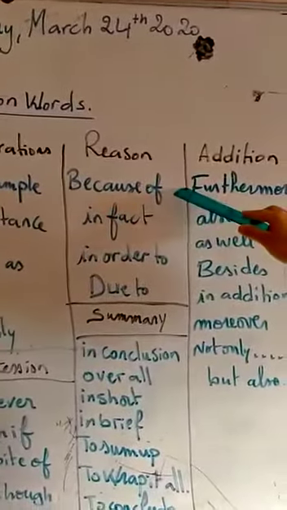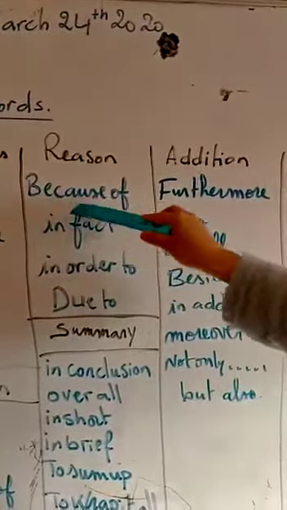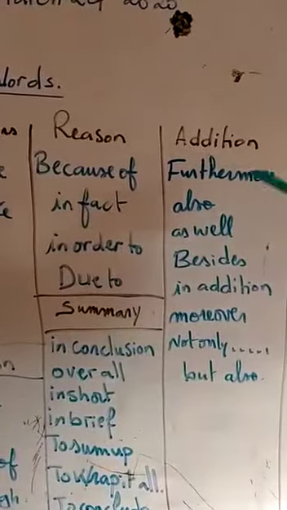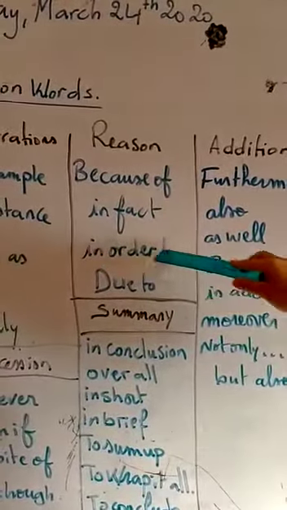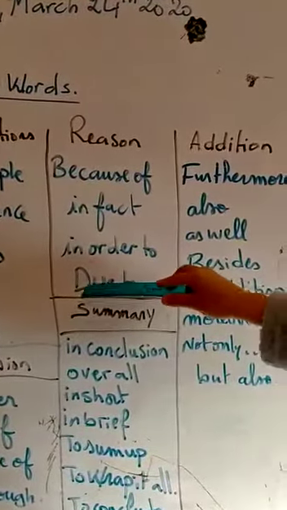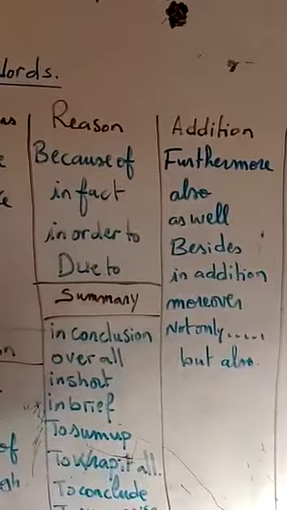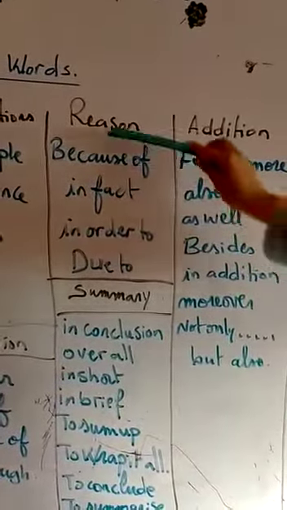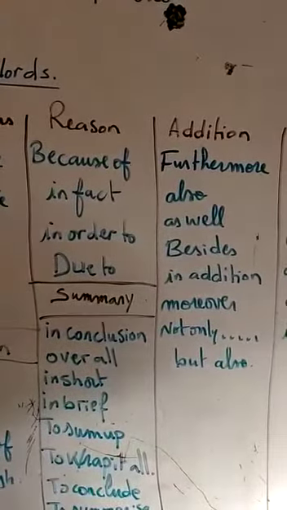Because of the rain we didn't play the match. ولا نقدر نقولوا because it was raining we didn't play the match. In fact, in order to, or due to. نفس الإكزامبل اللي درت because of غنعطي لك due to. Due to the rain we didn't play the match. So any of them we use it to make the reason.